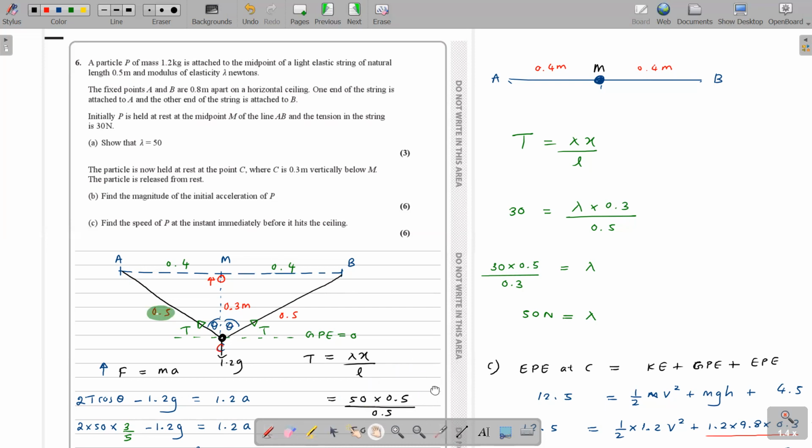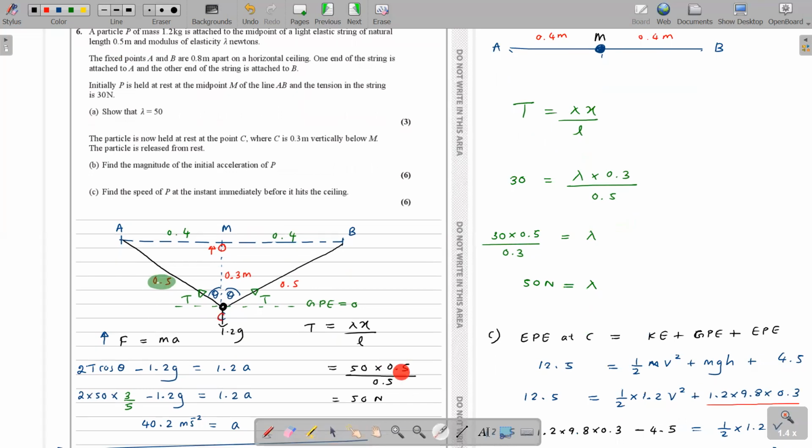Do you see, guys, what I've done? That gives you the tension in the string. The tension in the string is 50 Newton. Right, guys, are you with me?